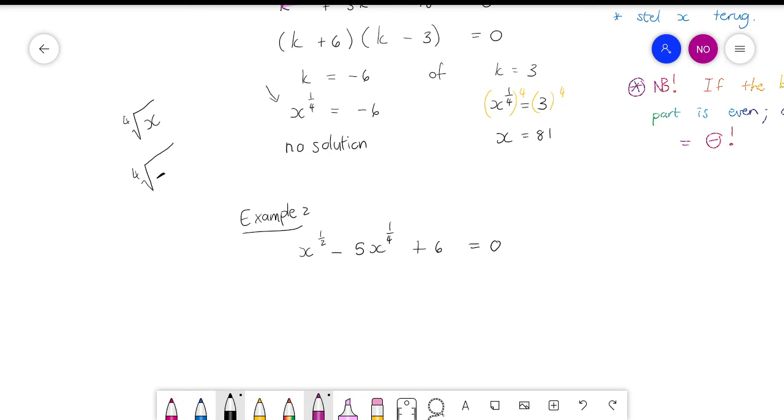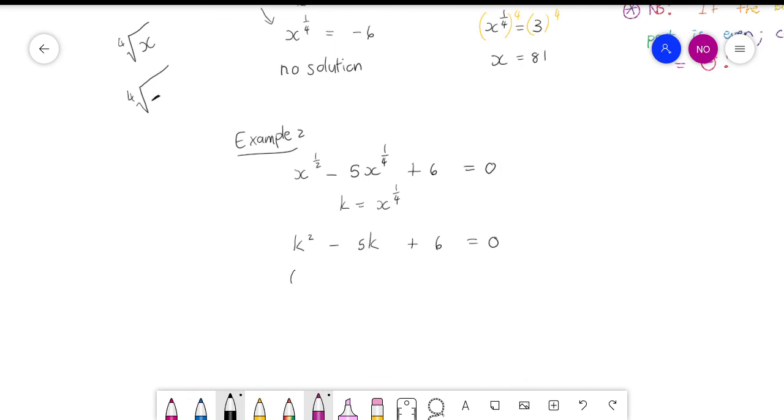Die kwart, né? So ek gaan sê, ek gaan k in die plek van x tot die mag 'n kwart instel. Wat beteken hierdie word k kwadraat? Like so. Dan faktoriseer ek.